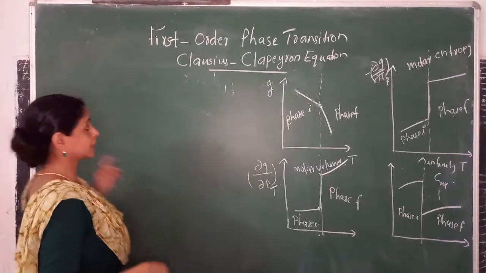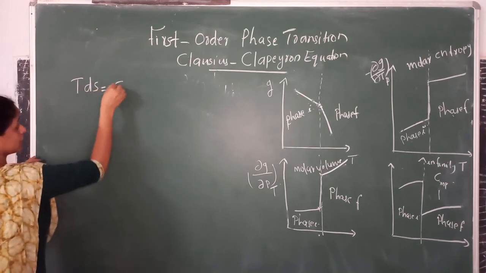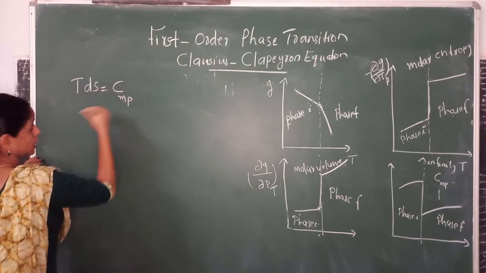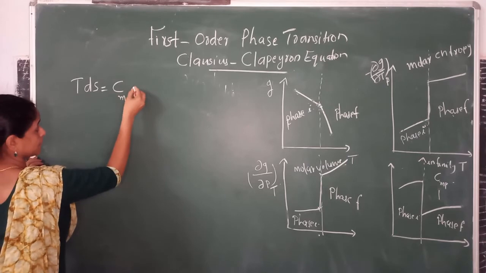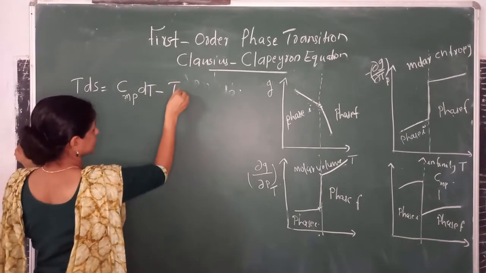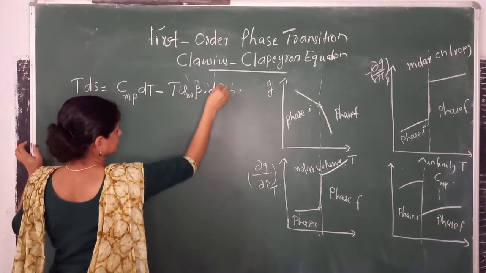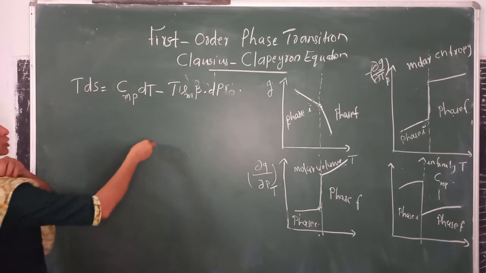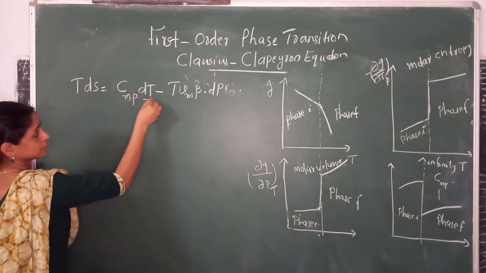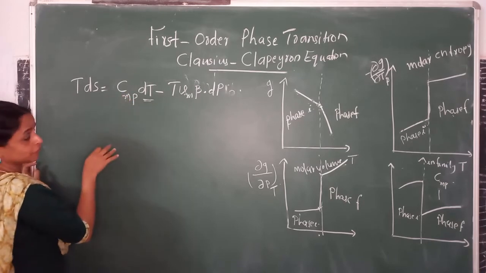We can consider the second TdS equation, that is TdS equal to the molar heat capacity Cmp into dT minus T Vm beta into dP. You can see that during the phase transition dT goes to 0 and Cp goes to infinity.